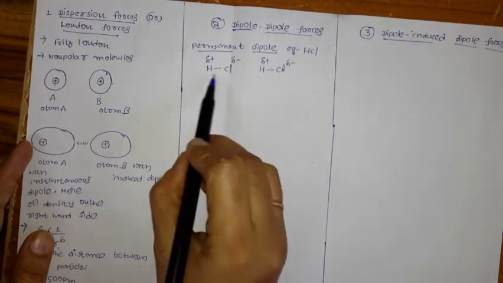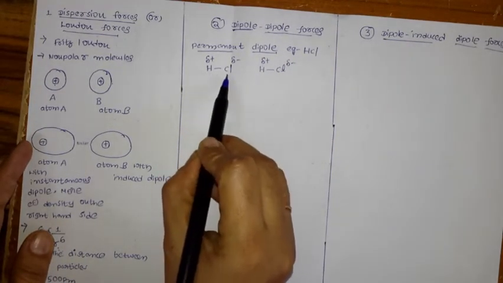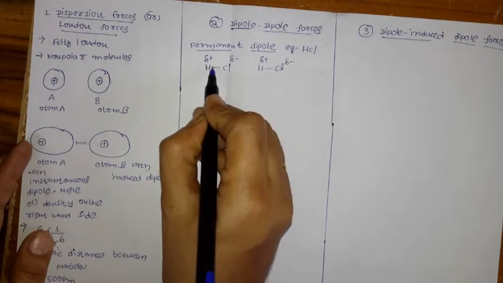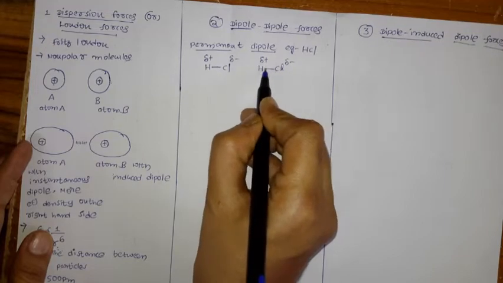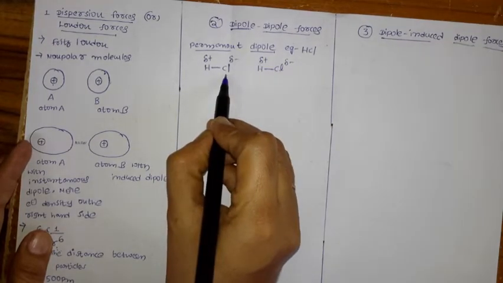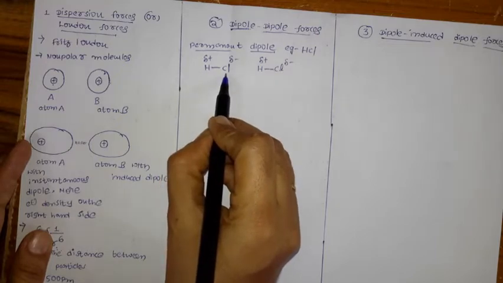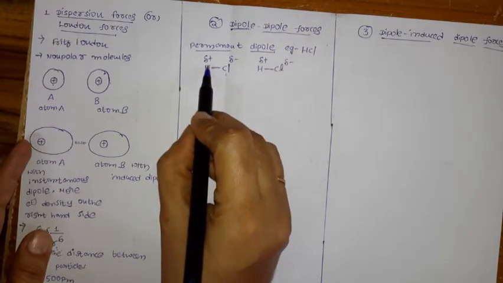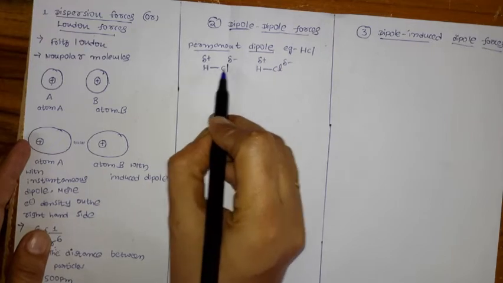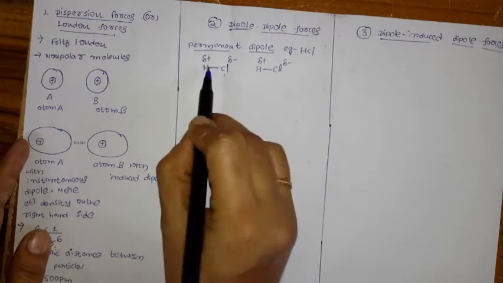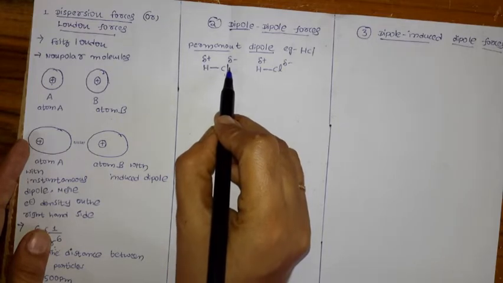In this molecule we have a permanent dipole. Why? Because, as we know very well, in HCl we have a polar covalent bond. Because of the polar covalent bond, we have a partial positive charge on hydrogen and a partial negative charge on the chlorine. So this is a molecule having a permanent dipole.